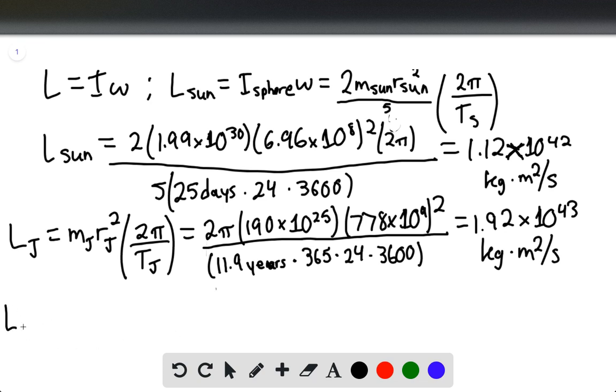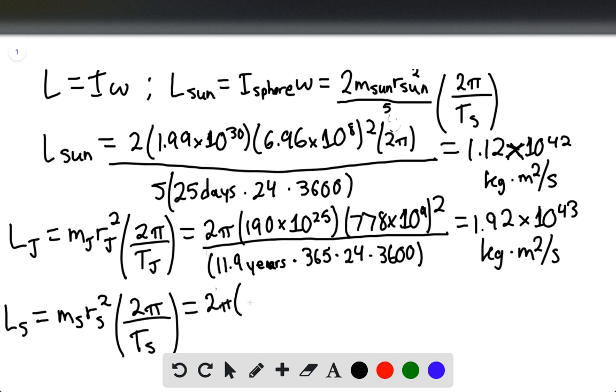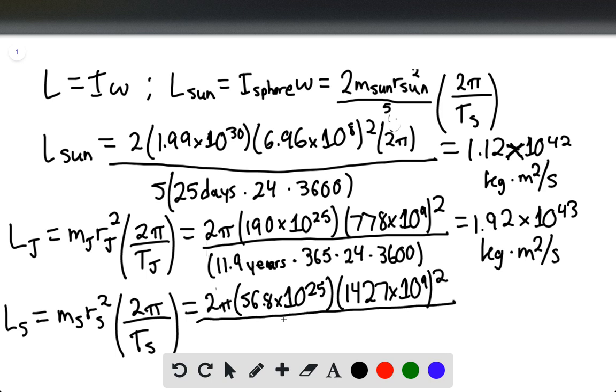The same thing is going to happen for Saturn. So we'll say L of S, the angular momentum of Saturn, equals the mass of Saturn times the distance from Saturn to the sun squared times 2 pi over the period of Saturn. And this is going to be equal to 2 pi, 56.8 times 10 to the 25th, 1,427 times 10 to the 9th squared, all divided by the period of Saturn, which is 29.5 years.